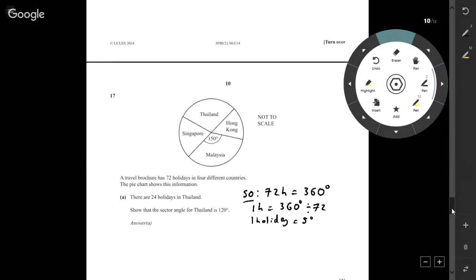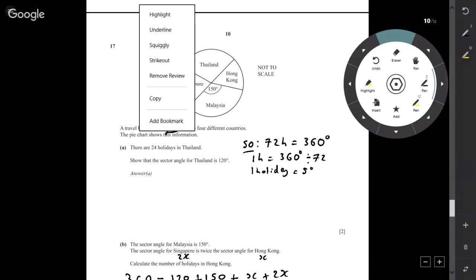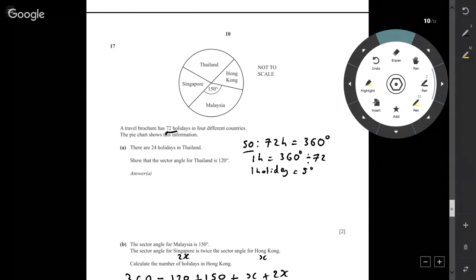Okay, question 7 is about holidays. Travel brochure, 72 holidays in total. So we know that this whole circle, which is 360 degrees, is 72 holidays. They want to know why the sector angle for Thailand is 120 degrees. It's got 24 holidays.